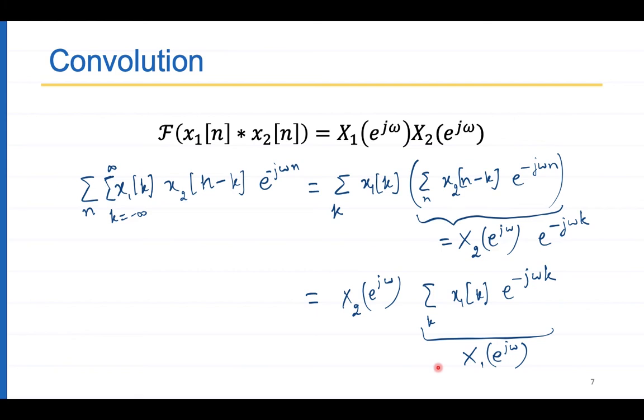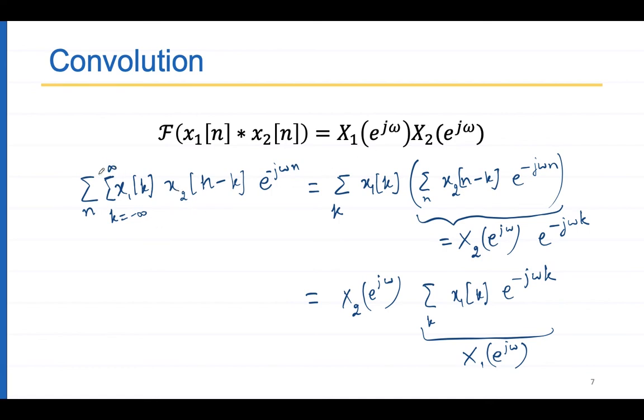Okay. Another thing is convolution. How do you do convolution in the time domain? If I'm convolving two signals x1 and x2, how does the thing change in the frequency domain? In the frequency domain, it turns out that it is simply the product of the individual Fourier transforms. This proof is also very simple.